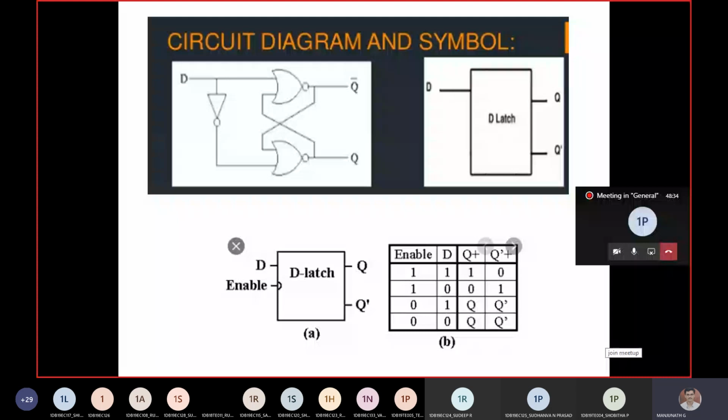So assume that your inverter is not here. I'm just shorting this directly. Tell me what is the output. If D is 0 for your NOR gate realization, what is the output?